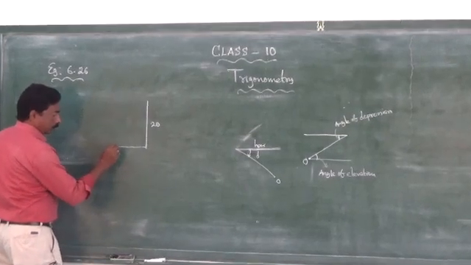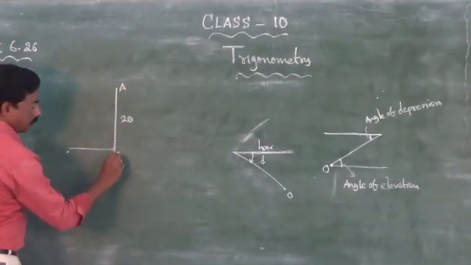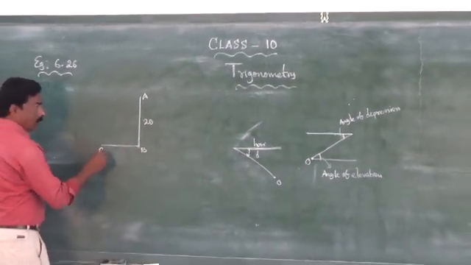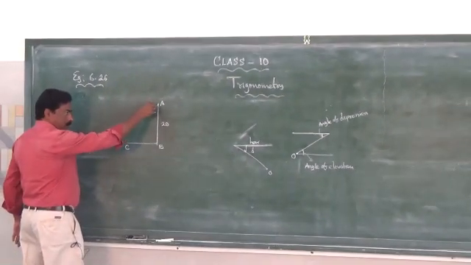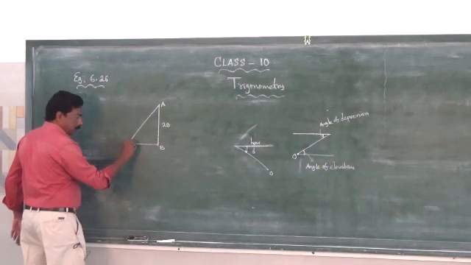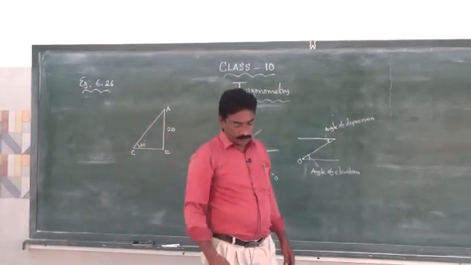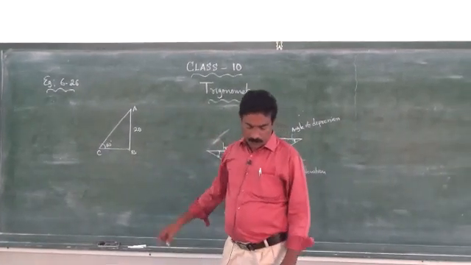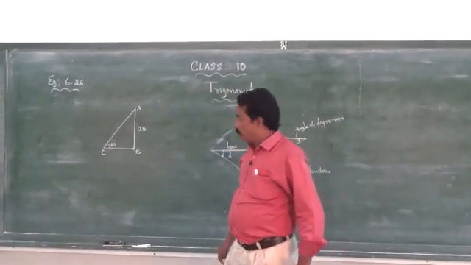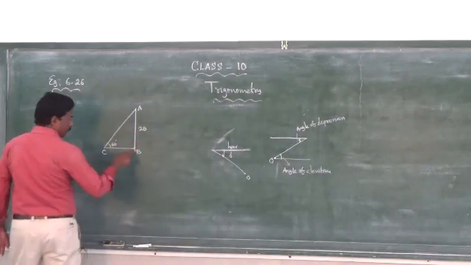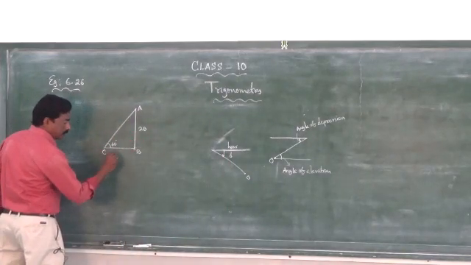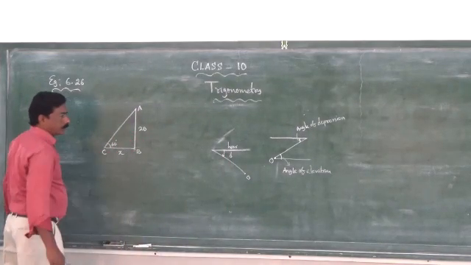Suppose AB is your tower, C is your ball, and from here he looks down. The angle of depression is 60 degrees. You have to find the distance between the foot of the tower and the ball. This is the foot of the tower and this is the ball. This distance you have to find.